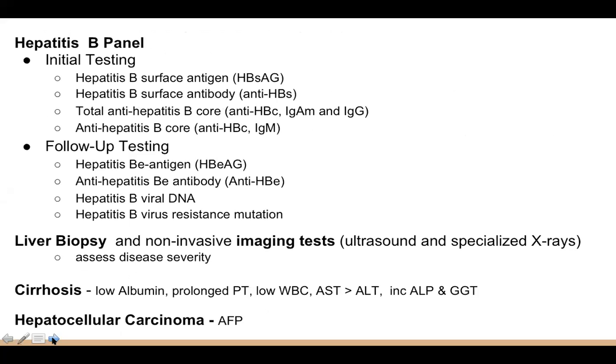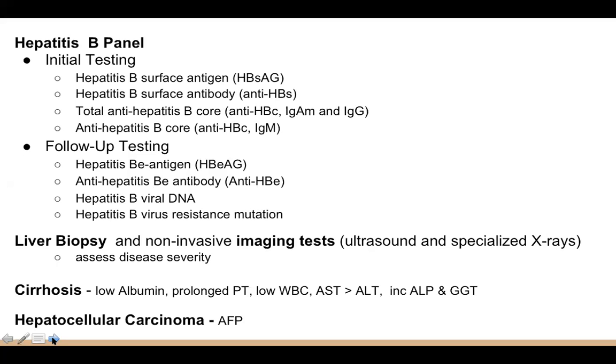The hepatitis B panel: the initial testing is hepatitis B surface antigen, hepatitis B surface antibody, total anti-hepatitis B core, and IgM anti-hepatitis B core. This is followed up with testing for hepatitis Be antigen, anti-hepatitis Be antibody, hepatitis B viral DNA, hepatitis B virus resistance mutation, liver biopsy, and non-invasive imaging tests like ultrasound and specialized x-rays, which assess the disease severity.